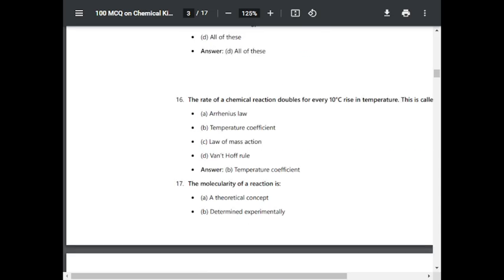Question number 16. The rate of chemical reaction doubles for every 10 degree Celsius rise in temperature.